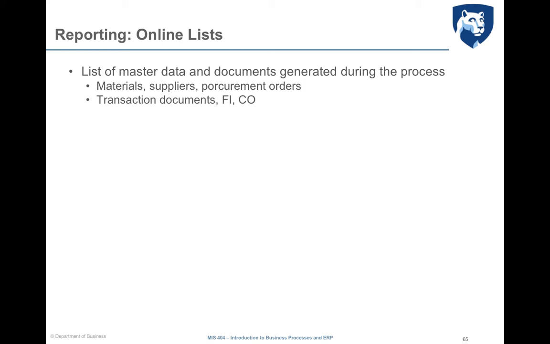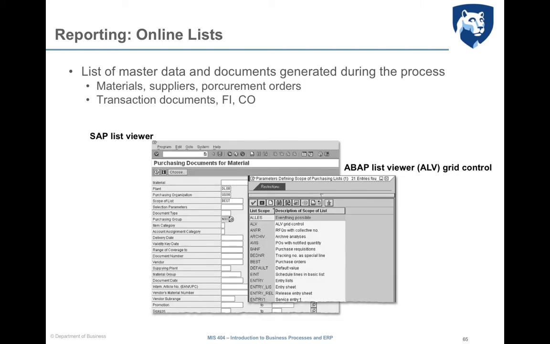The appearance and the content of these lists are defined using selection parameters and scope of list parameters. As you can see here, you just select what you want to be shown on screen, and then it's up to you to define the view of the online list.